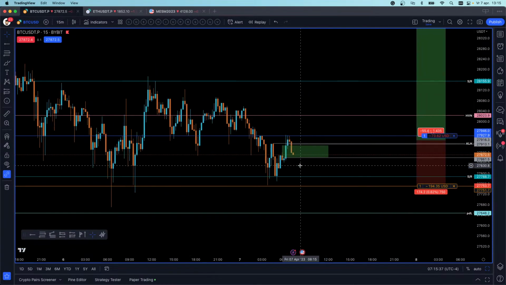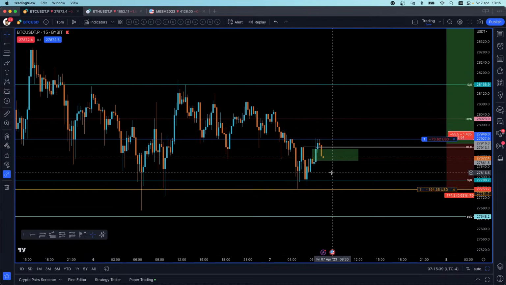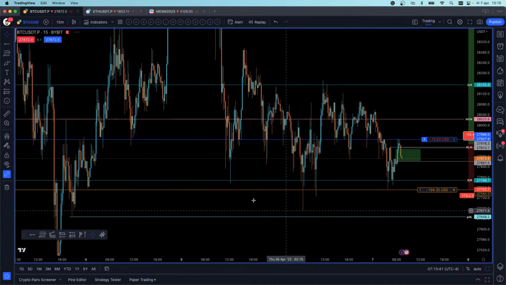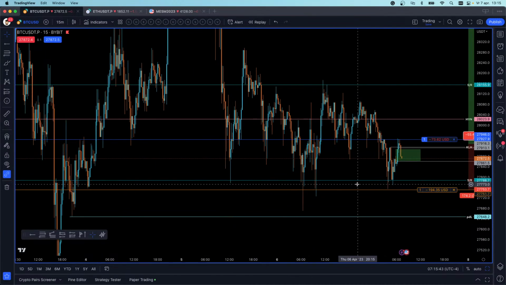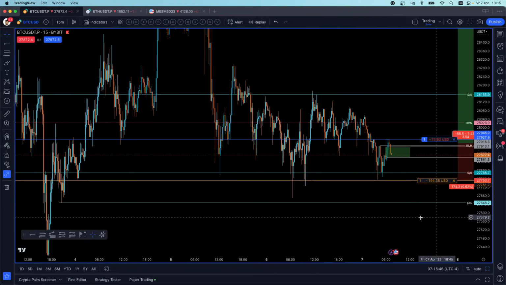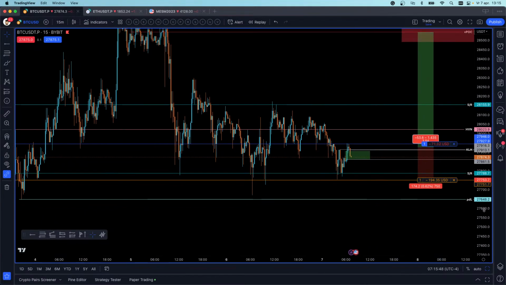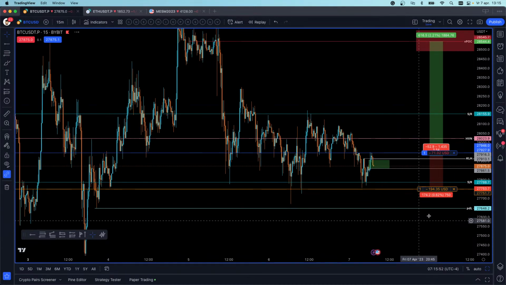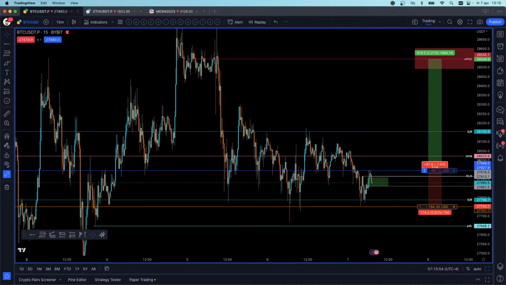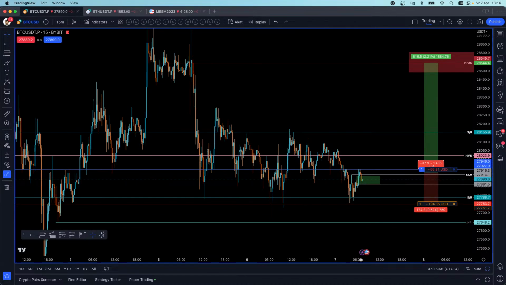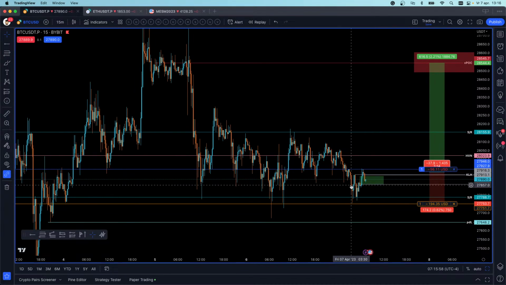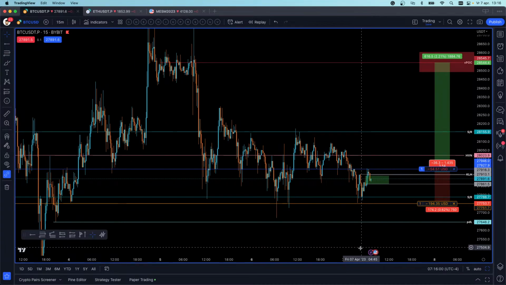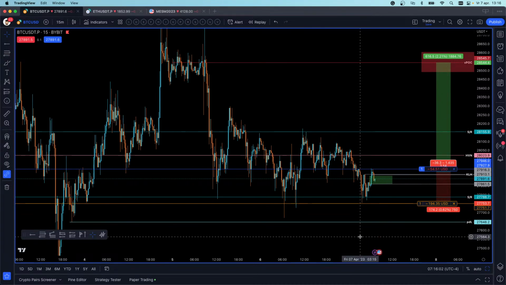So here now we want to hold this level, but as I said, the more we tap support, the weaker it gets. But you gotta take a setup. If you don't want to, that is fine, because we are still in a very choppy region right now, very unclean, and it's a holiday as well.